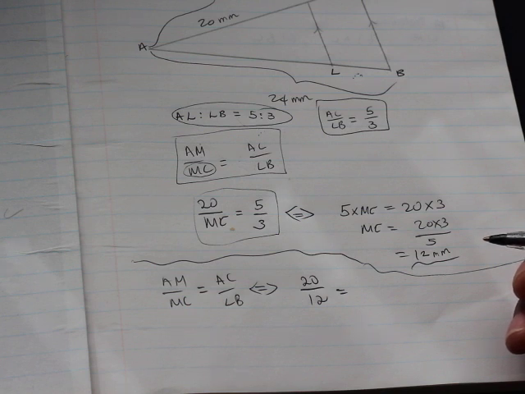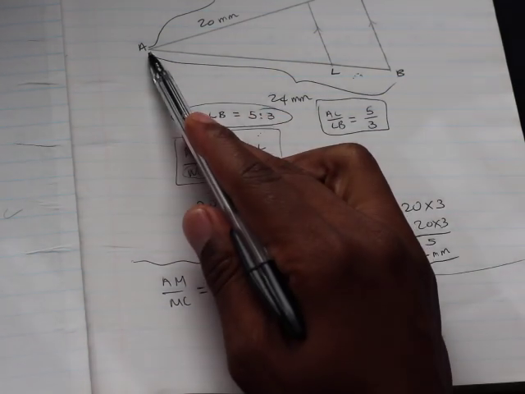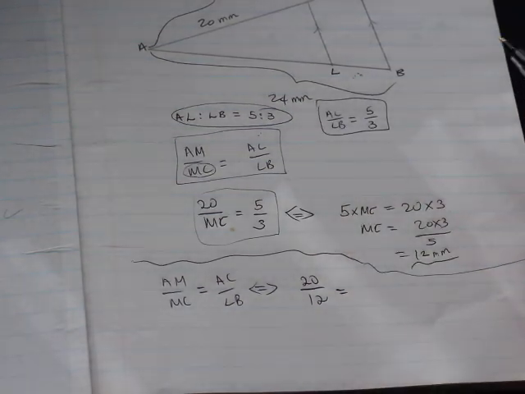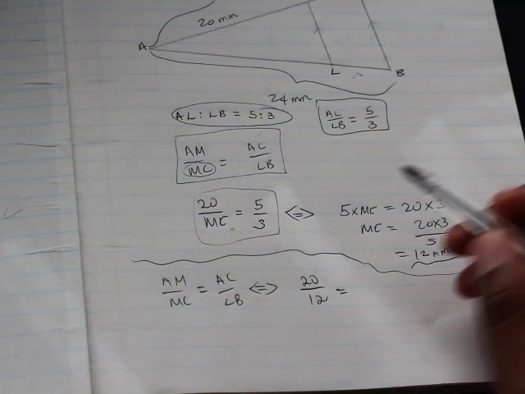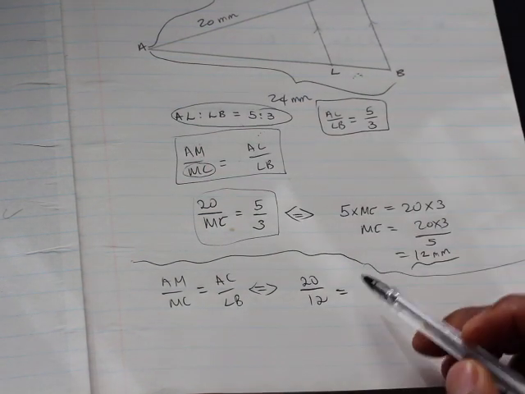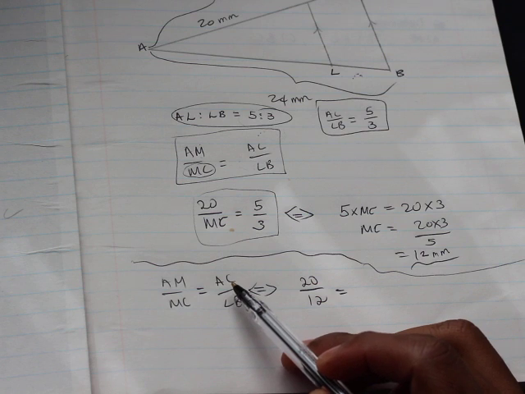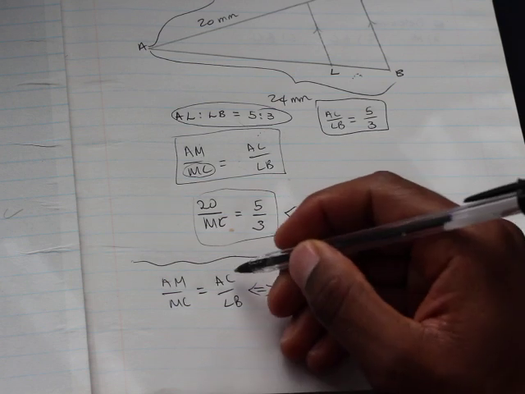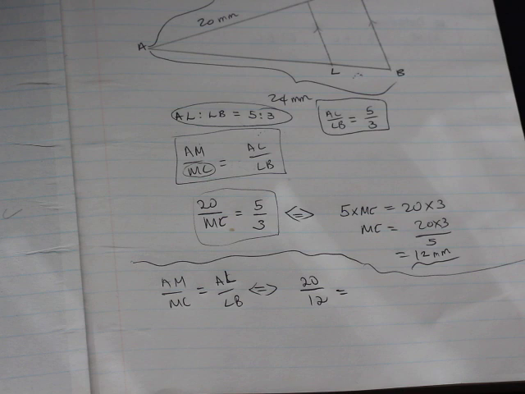So how do we go about doing that? LB. And remember, the length of AB is 24, so we do have that piece of information as well. AM over MC, that's 20 over 12, and then AL over LB.